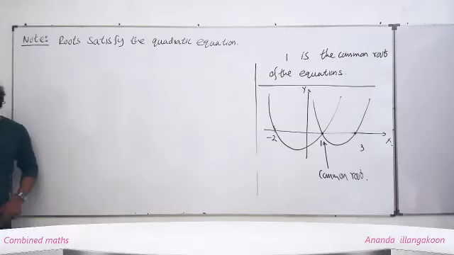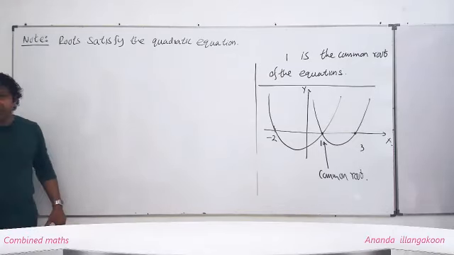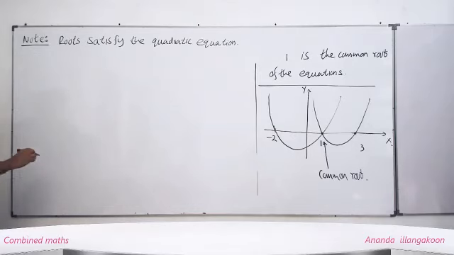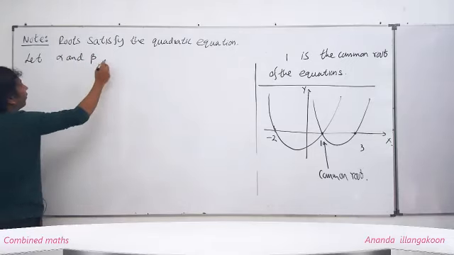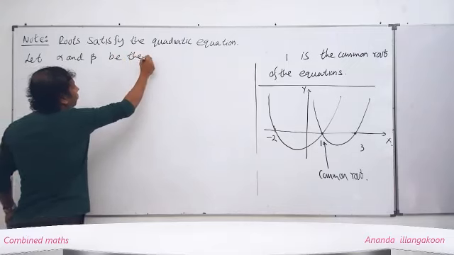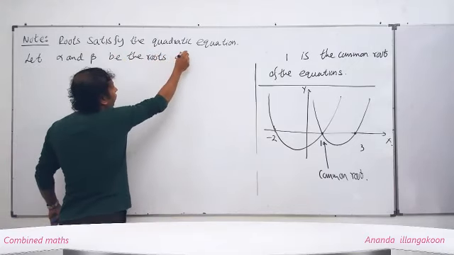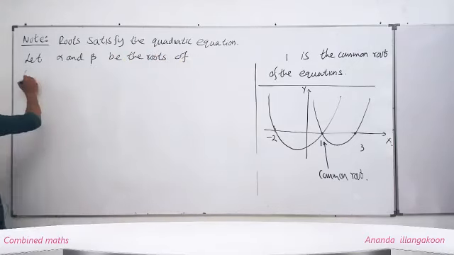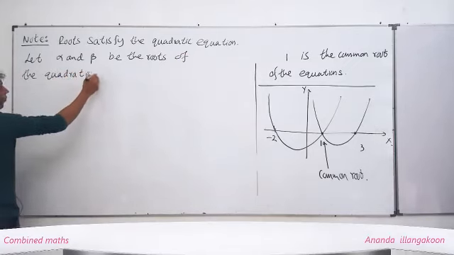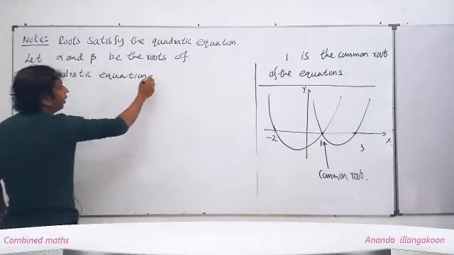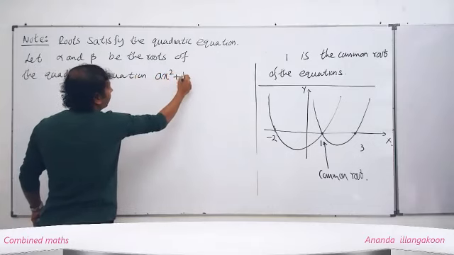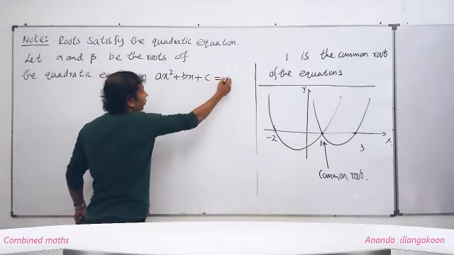Right. It means, people, we will write another sentence like this. Write down: let alpha and beta be the roots of the quadratic equation ax squared plus bx plus c equals 0.